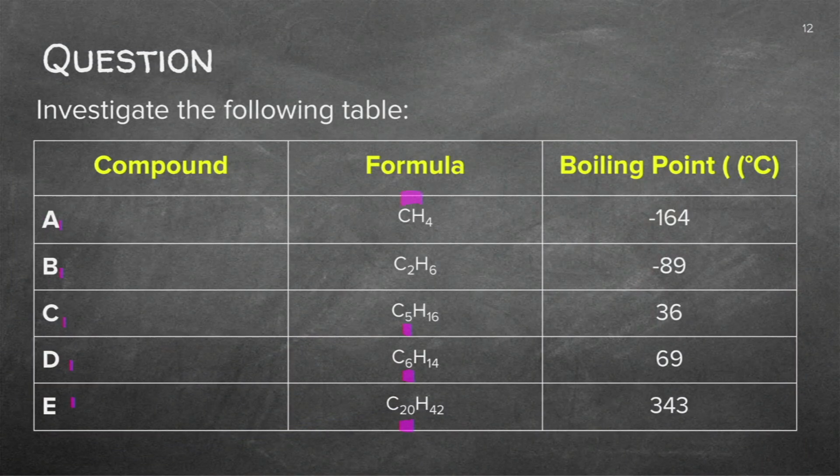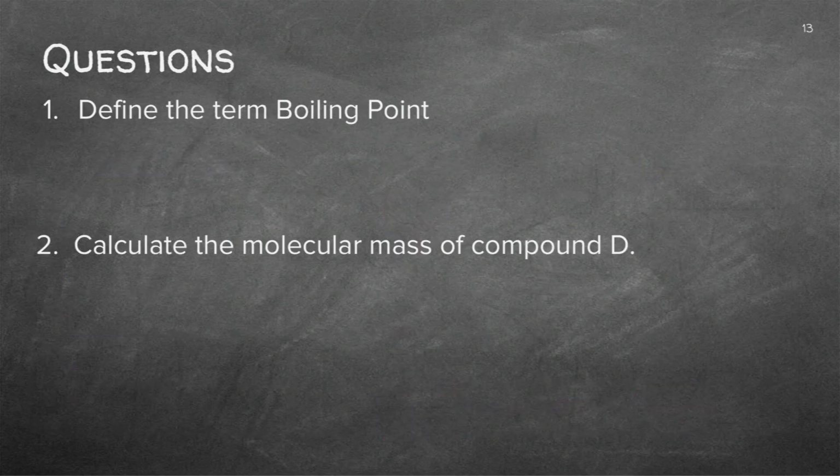Can you see this molecular mass is smaller than this one here? Can you see what's happening with the boiling point? If we remember the previous lesson, the higher the molecular mass, the higher the boiling point, or the stronger the intermolecular forces. Now let's see what question they will ask.